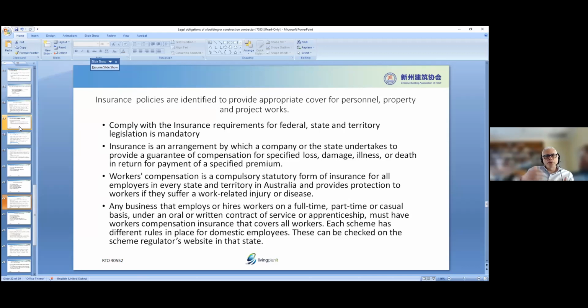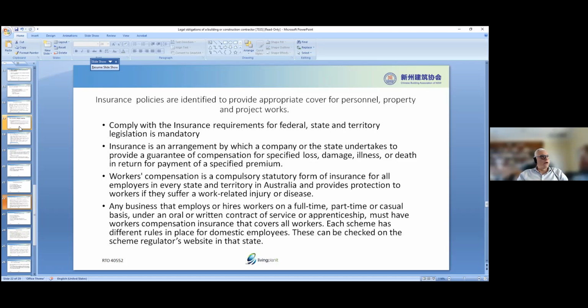So we go to an insurance company to provide us with the different types of insurance we require for any loss. That's what insurance is there for. It's there to safeguard you against any losses. And as a builder, we take it one step further. We're not required by law to insure our tools or our cars. To some extent, we have to have third party, but we don't have to have comprehensive.